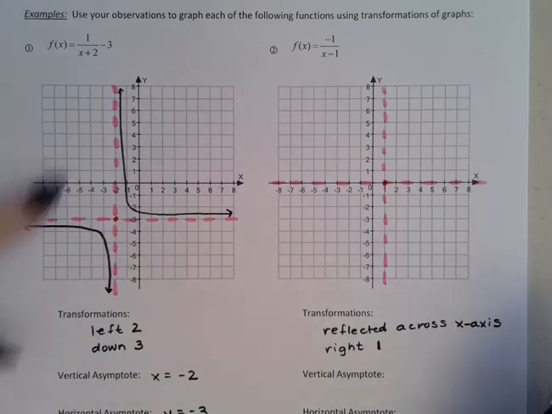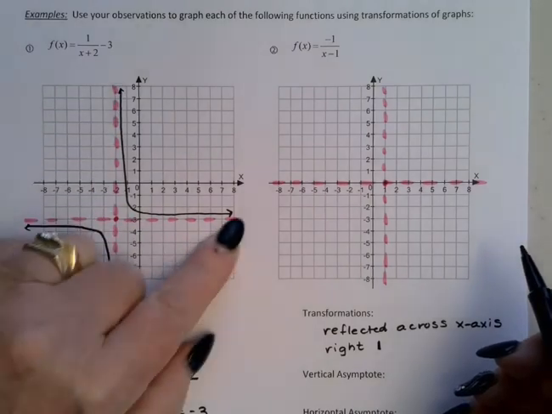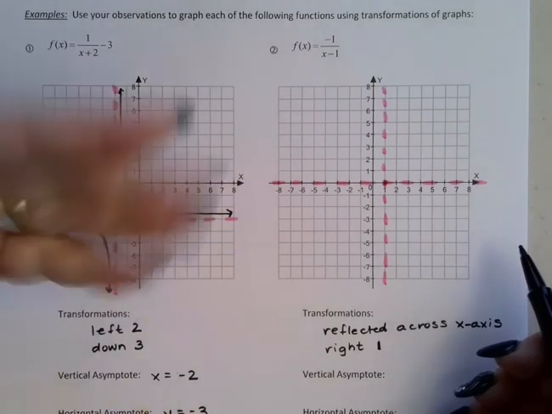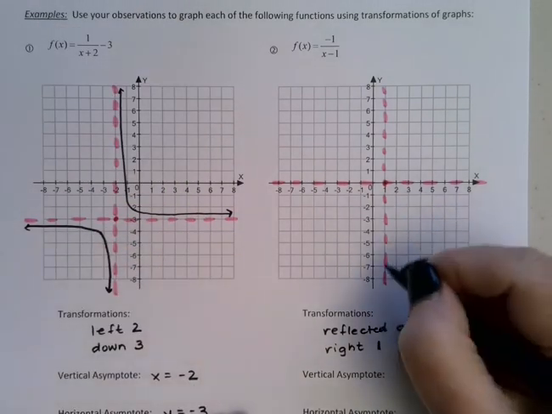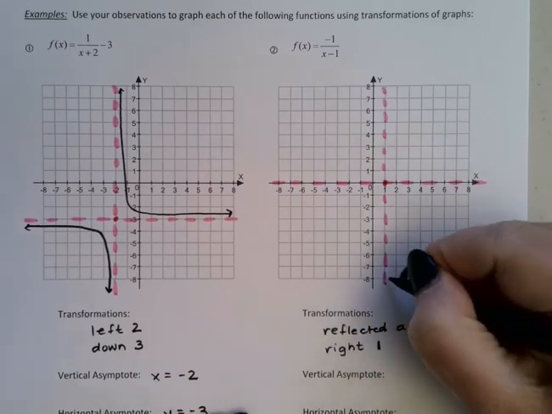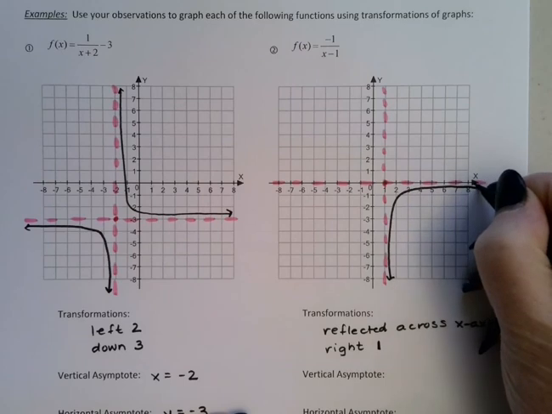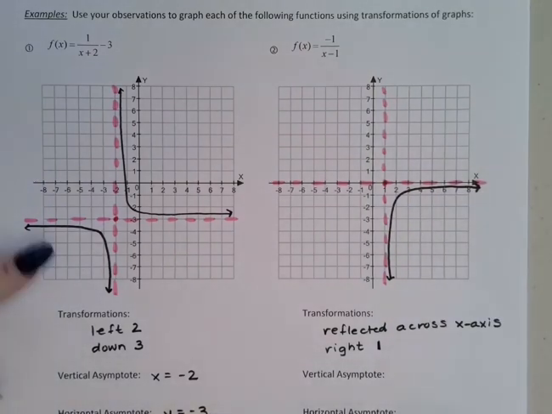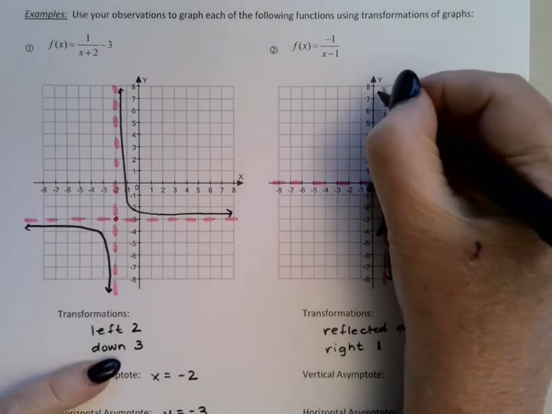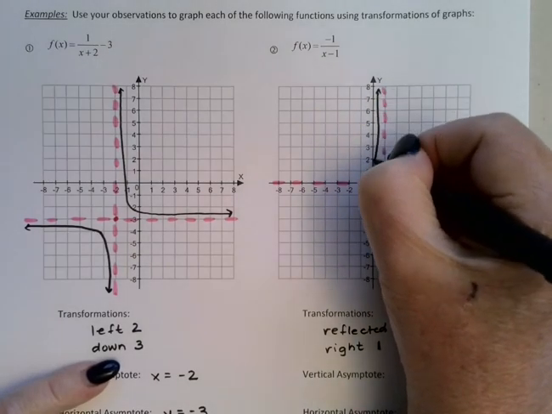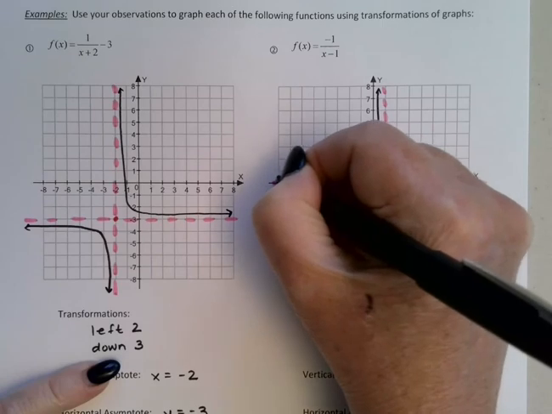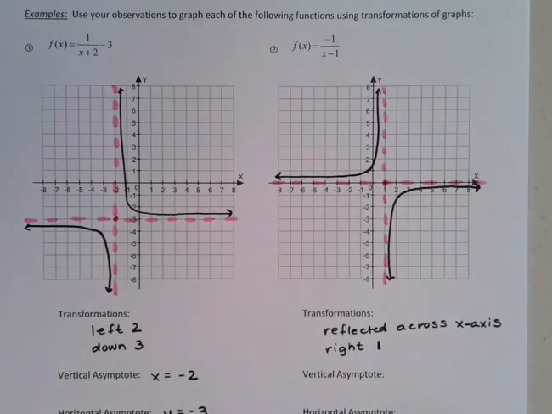All right, normally I've got my curve here in the upper right quadrant. If I were to flip that upside down, it would be in the lower right quadrant. Like so. And then this one, again, flipping that upside down would go into the upper left. And that's as accurate as we need to be.